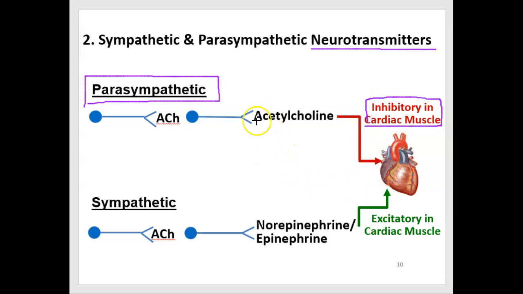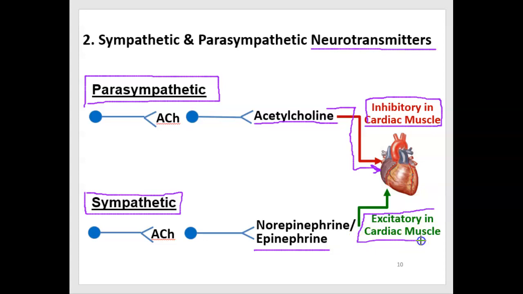What does that is the neurotransmitter acetylcholine, and that is what the parasympathetic nervous system releases to the heart. The sympathetic nervous system, in contrast, uses the neurotransmitter epinephrine, and that excites the cardiac muscle. So you get an increase in the rate of contraction in the heart.